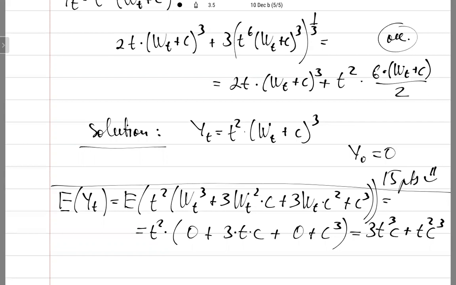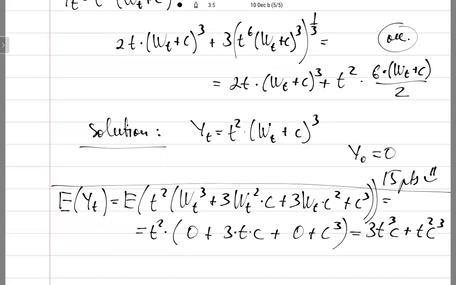With the variance, it's a little bit longer, but let's do it. How may I do the variance faster? I don't see. So let's be honest, let's find the variance.